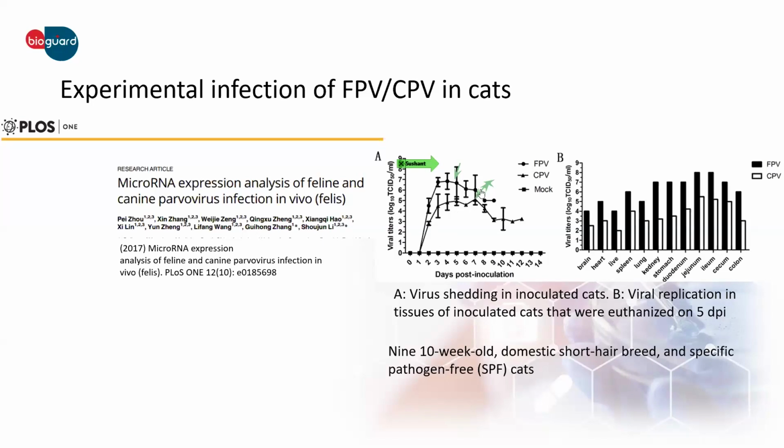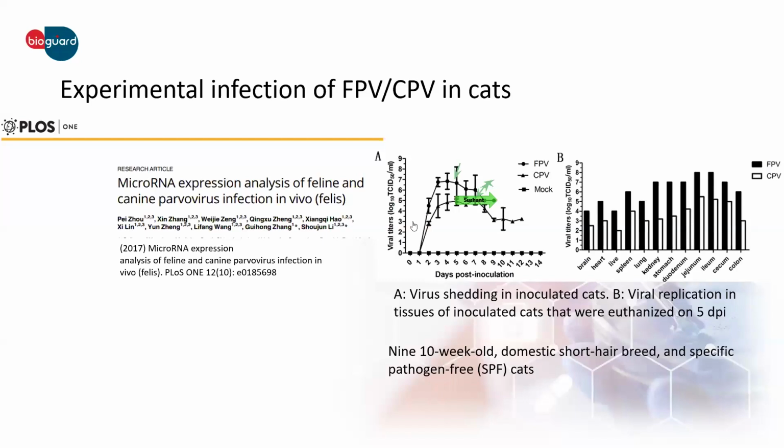They collected the shedding through anal swabs until the death of the cats. For FPV, they collected the feces and anal swabs until 9 days post inoculation, so from 2 days to 9 days post inoculation, FPV can be detected from the feces.